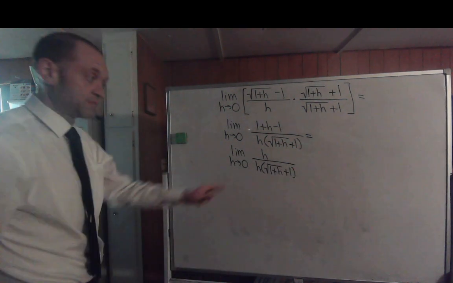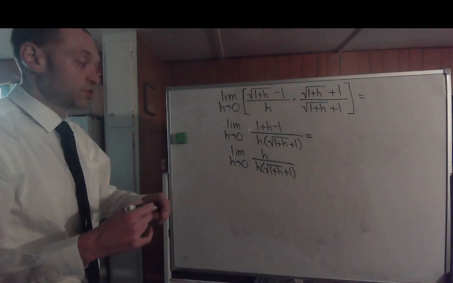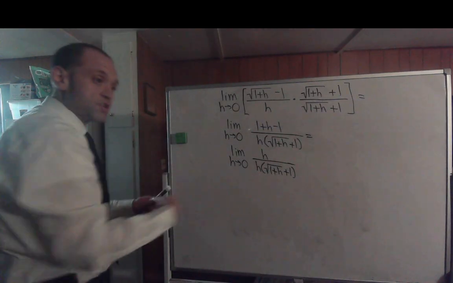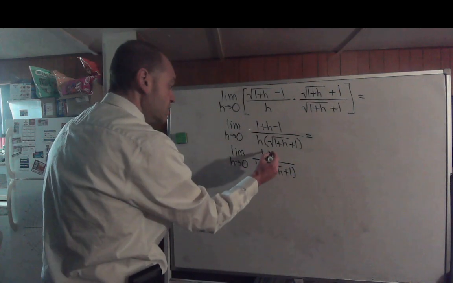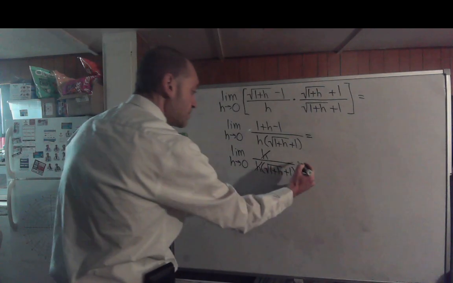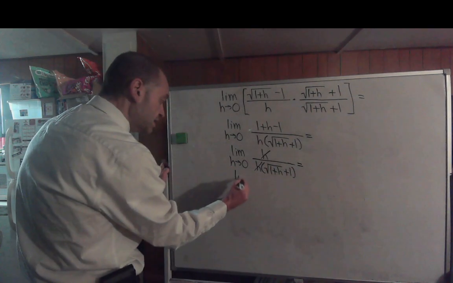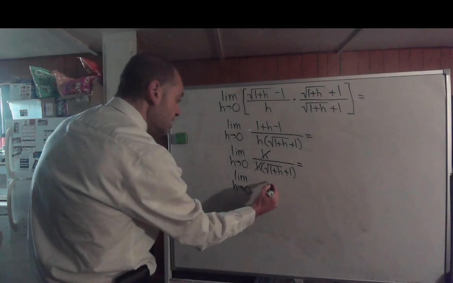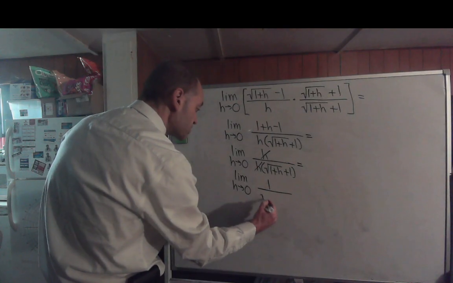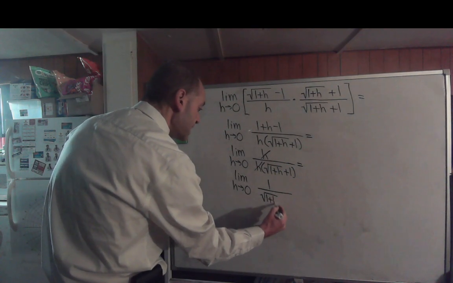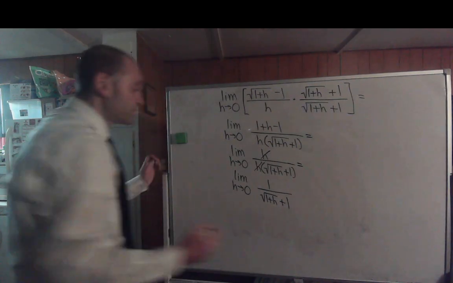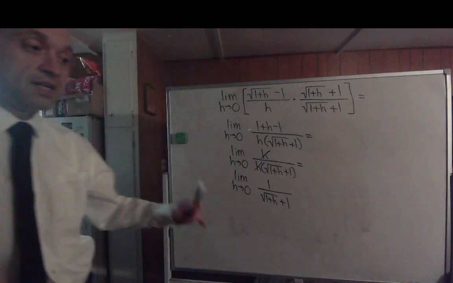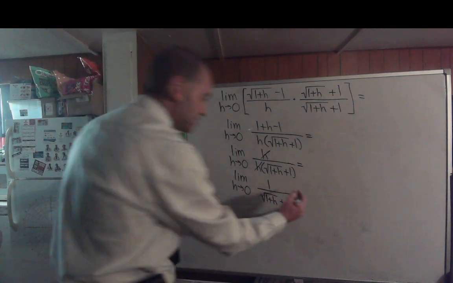And now notice between numerator and denominator, you can factor out an h. So we've started with the conjugate, and we've now reduced down to factoring. We can factor out an h, which would give you the limit as h approaches 0 of 1 all over the square root of 1 plus h plus 1. And if we look at this, we can use direct substitution because we'll have a defined denominator.